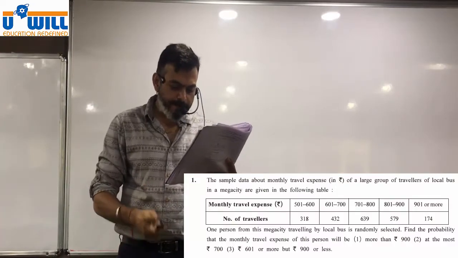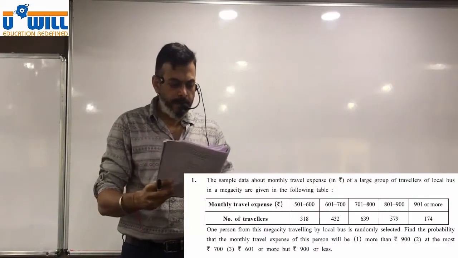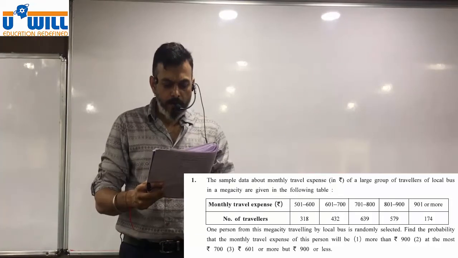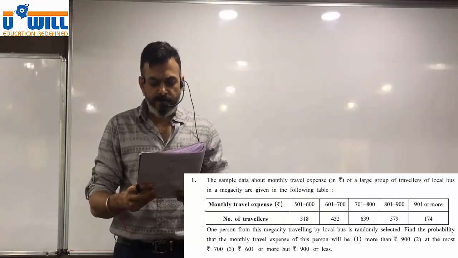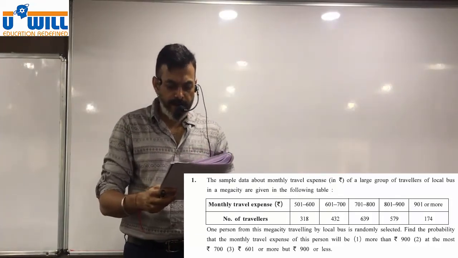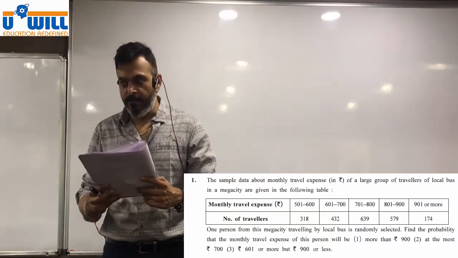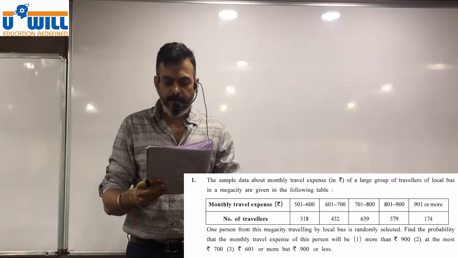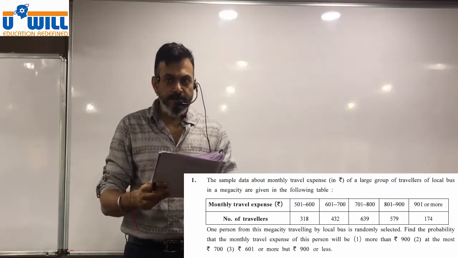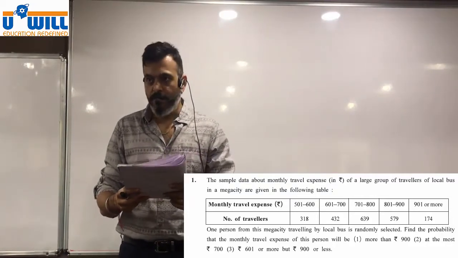Exercise 1.5, page number 53, question 1. The sample data about monthly travel expense in rupees of a large group of travelers of local bus in a mega city are given in the following table. Monthly travel expense is given and number of travelers are given.